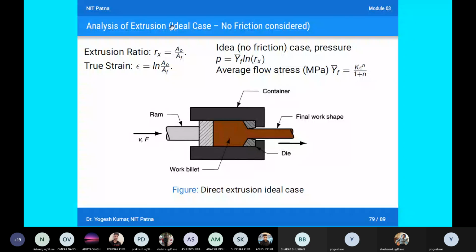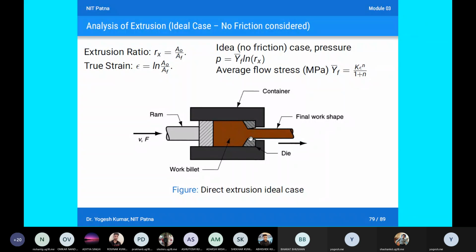Now we will come to the analysis, which is important when we discuss extrusion processes. This is the simplest arrangement to understand the analysis of extrusion processes. We have this container, then we have the die, and the work billet is kept in your container and is coming out of your die opening.